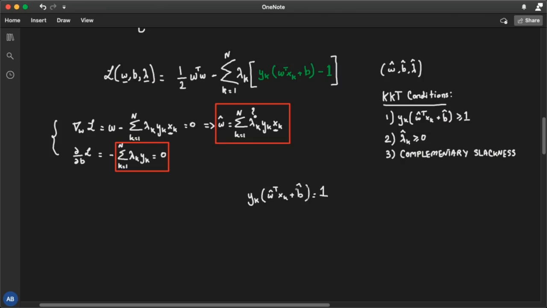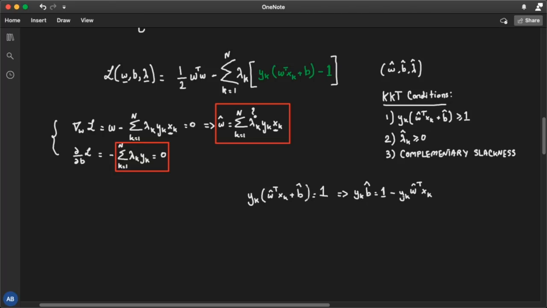How's this helpful? Well, just express this equation in terms of b hat, isolating b hat on one side. You're going to get that yk b hat is equal to 1 minus yk w hat transpose xk, right?